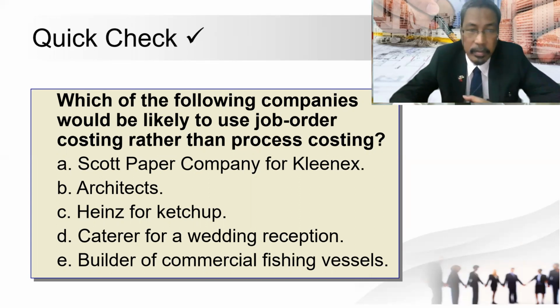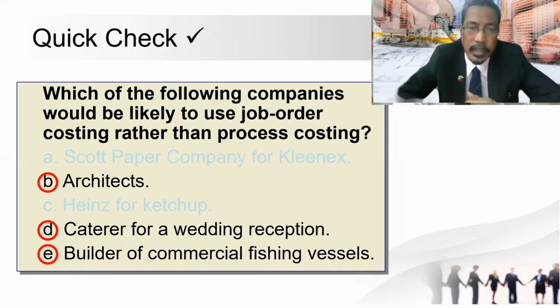Caterer, that is job order. So let us look at the answer. So just like we have said, architects is job order, caterer, and builder job order. Okay, so Scotch paper and Heinz is process costing.